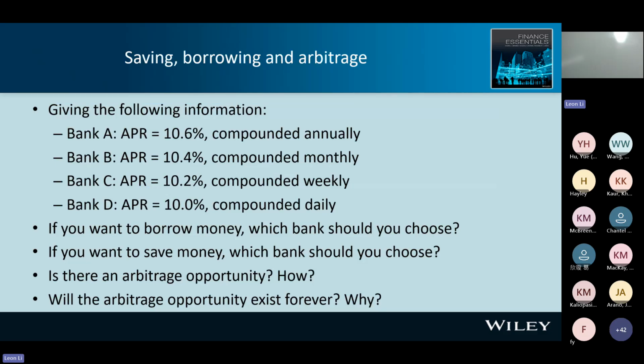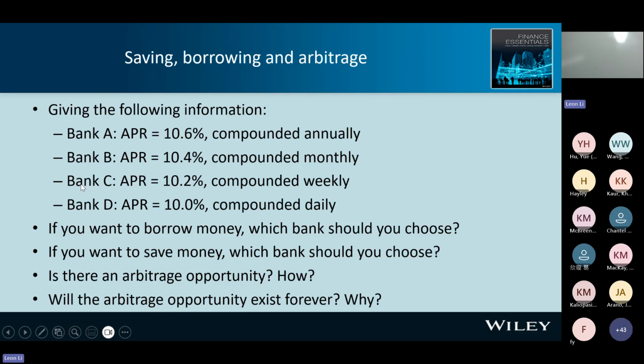Saving, borrowing, and arbitrage. When I say arbitrage, that means we can borrow the money at a low rate and save the money at a high rate. Arbitrage, make money with no risk. Let's take a look at the example. We have 4 banks. Their APRs have different compounding frequencies: A, annually.